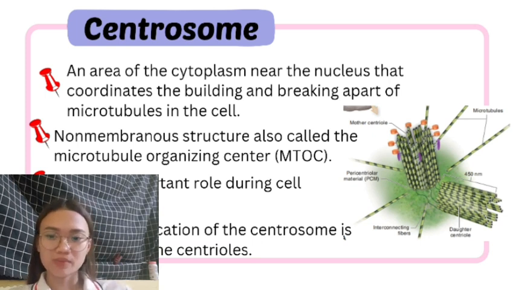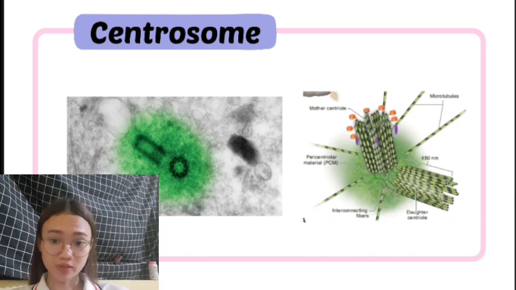Because it plays a central role in organizing the cell's microtubules, the general location of the centrosome is identified by the centrioles. So, under a light microscope, centrioles appear as two dots near the nucleus. So, yan siya.